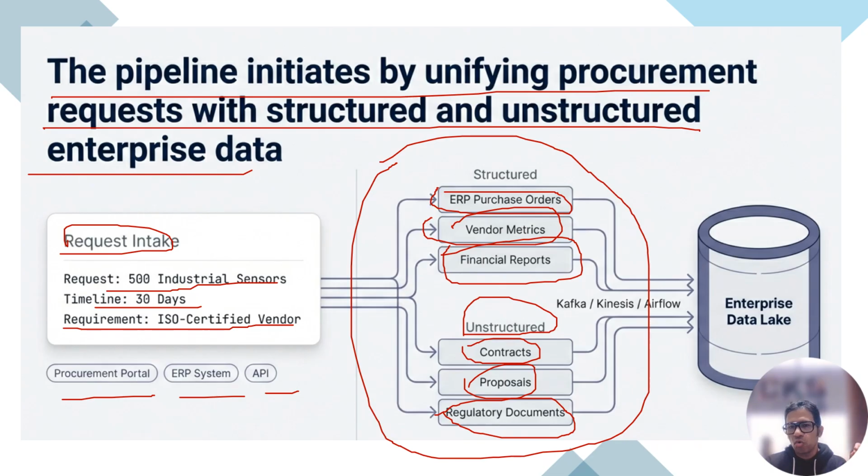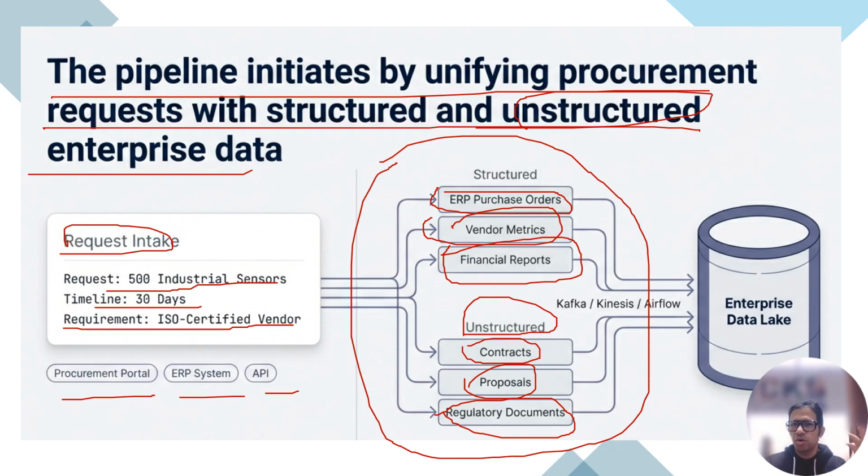Now here is the core message of this slide. We combine structured and unstructured data to form full context. We need both, because if we only use ERP tables, we miss contracts and policy constraints.